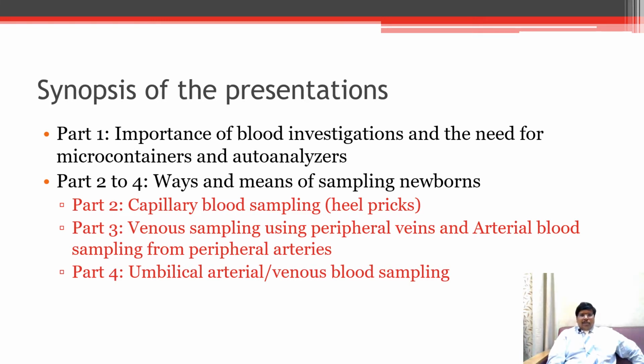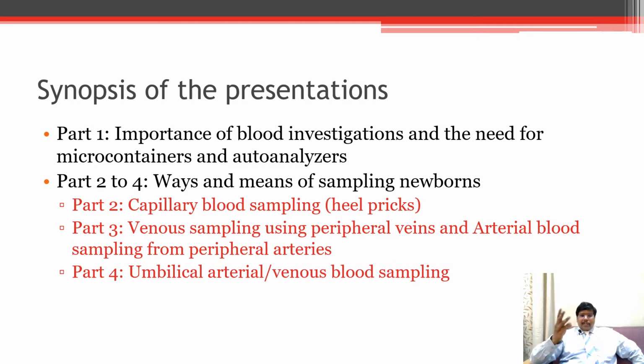After I explain the significance, the next parts will be the ways and means of sampling, how to obtain the blood sample. It might sound simple, but it's the most difficult part in the NICU. We use capillary blood sampling, venous blood sampling from peripheral veins, and arterial blood sampling from peripheral arteries.